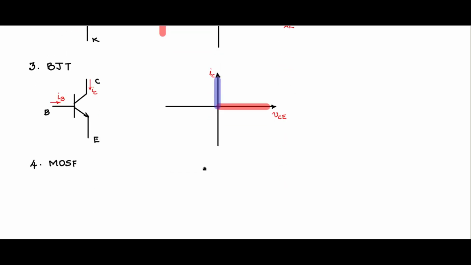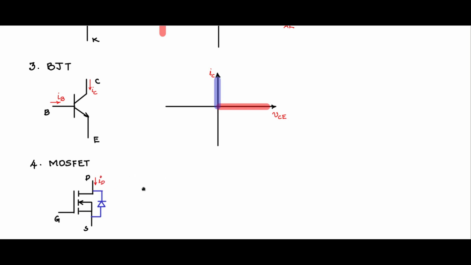Fourth one, the MOSFET. The MOSFET has the symbol, so you have the drain, source and gate. You also have the internal body diode, as I mentioned, because we are connecting the substrate to the source. The PN junction forms a diode, a reverse anti-parallel diode.